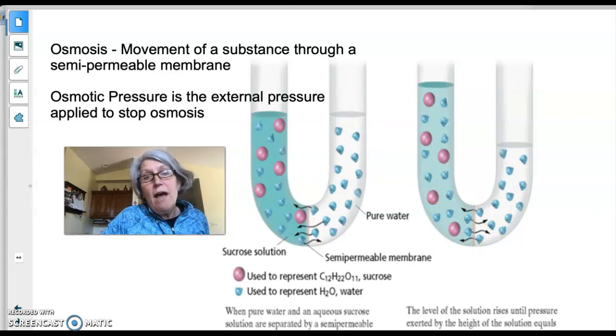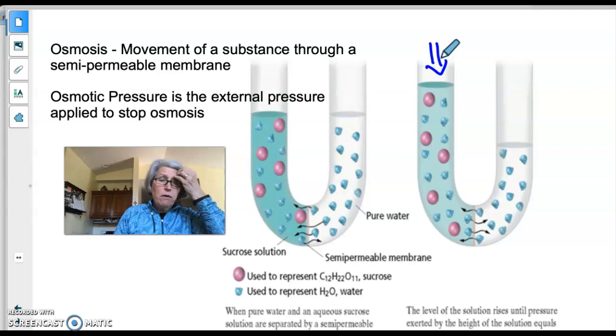Okay, so now osmotic pressure is what if we apply a force here. A lot of this has to do with biology, and it's important for, like, when you get an IV, that the concentration in the IV bag is exactly the same as your cellular concentration.